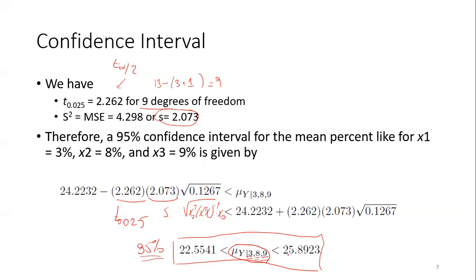Okay, that's great. And the next thing, so this is for the mean response. Okay, it's average. So we don't say anything about a single food. So if you're just trying to prepare a food for this night, so what does this say? This says that, well, if you just keep making foods using this mixture, then on the average like ratio will be between this and this with 95% confidence.